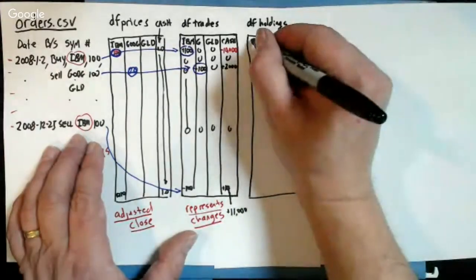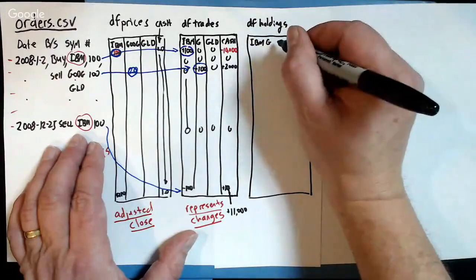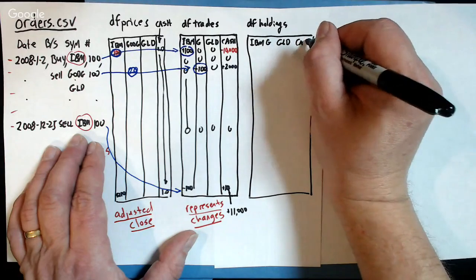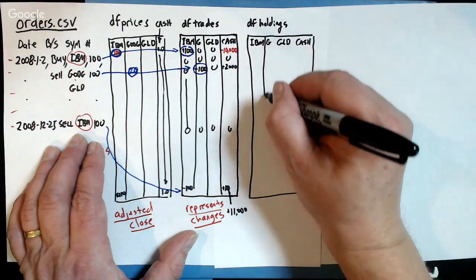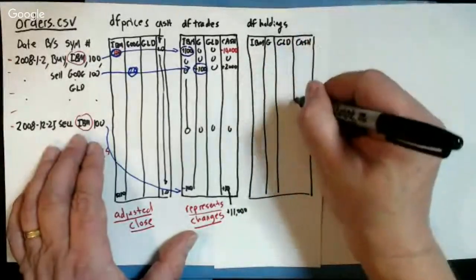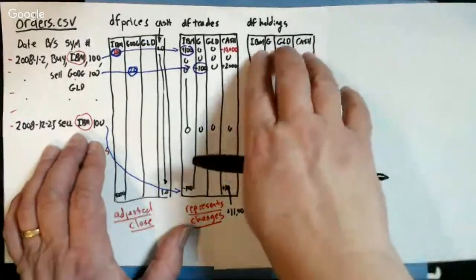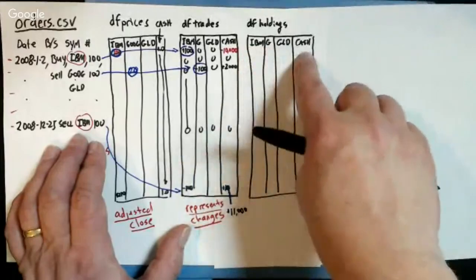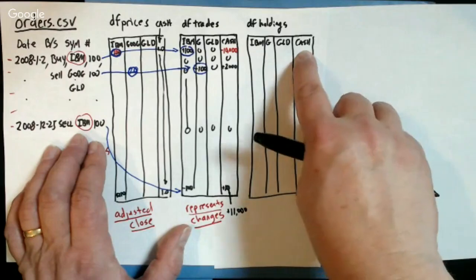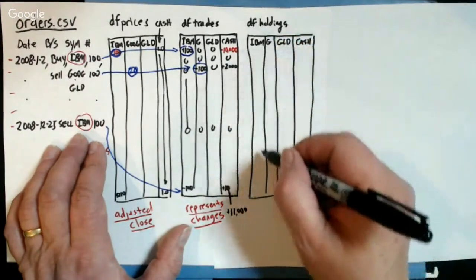So again, we've got IBM, Goog, which I'm just going to use G because I don't have enough room. We've got GLD and cash. And again, 4 columns here. And all we want here is to accumulate how many shares of each stock we hold and how much cash we hold. So again, we initially fill all these with zeros.